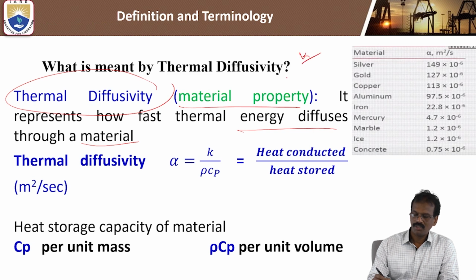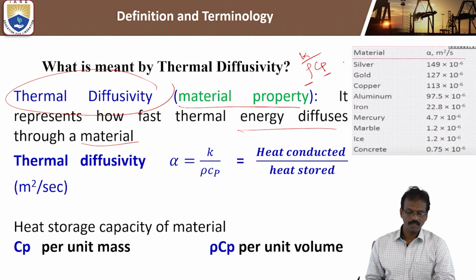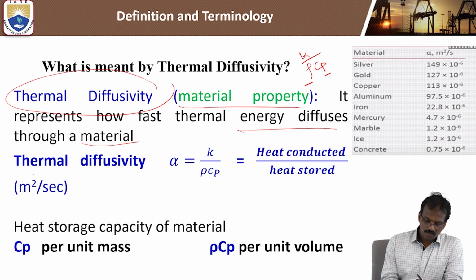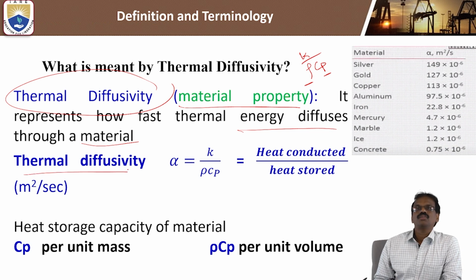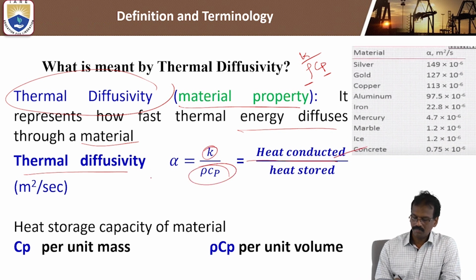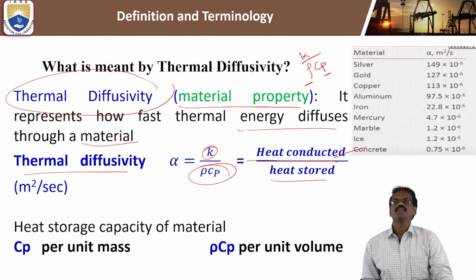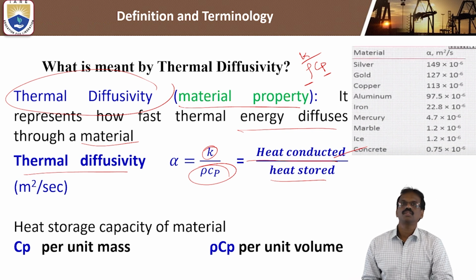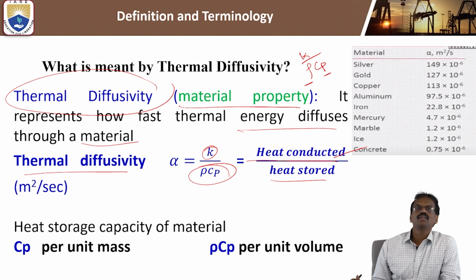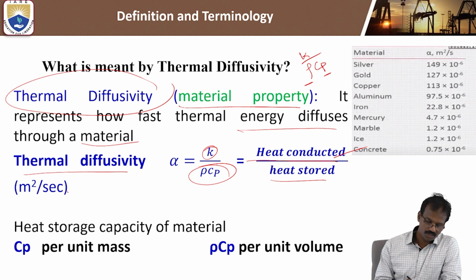The formula is alpha is equal to k by rho Cp, that is, thermal conductivity divided by density into specific heat. k is the thermal conductivity, heat conducted, and rho Cp shows the heat stored: heat conducted by heat stored. The units are meter square per second.